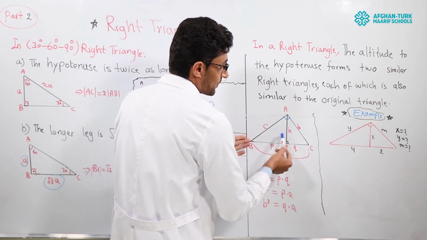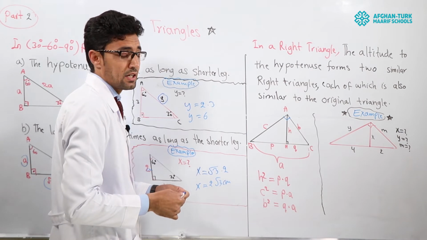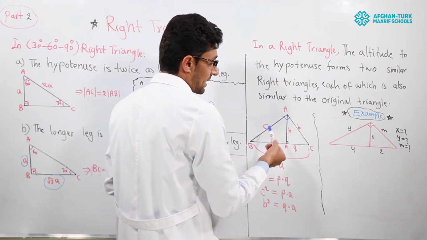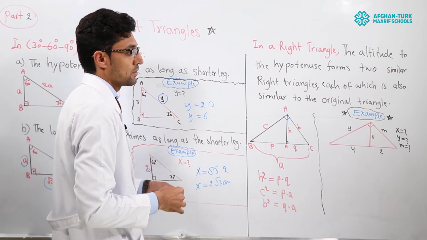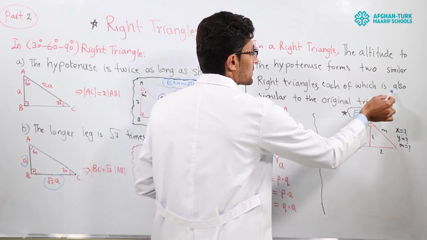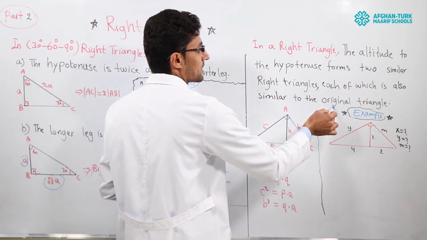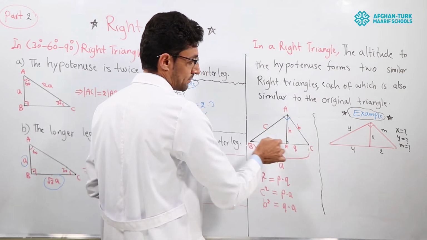We can have 2 similar triangles. What are the characteristics of these 2 similar triangles? Each of which is also similar to the original triangle. Original, it means the first one.